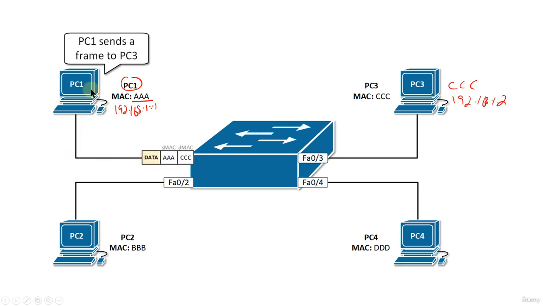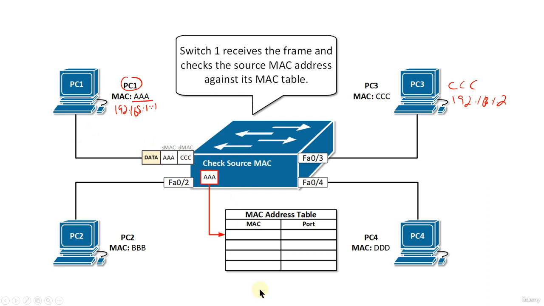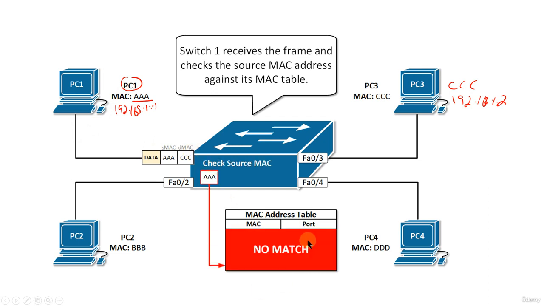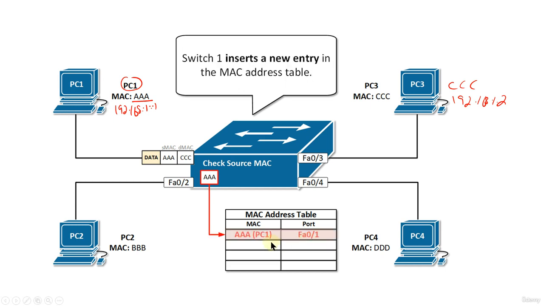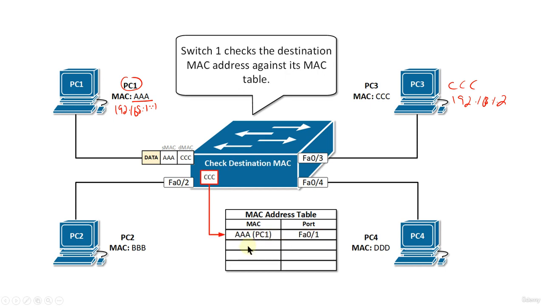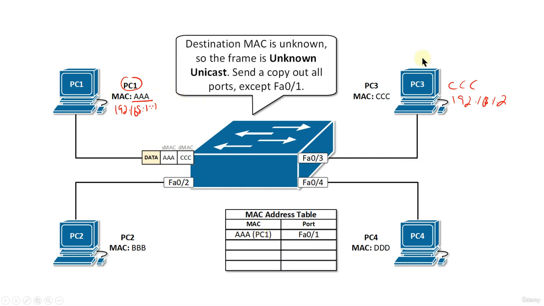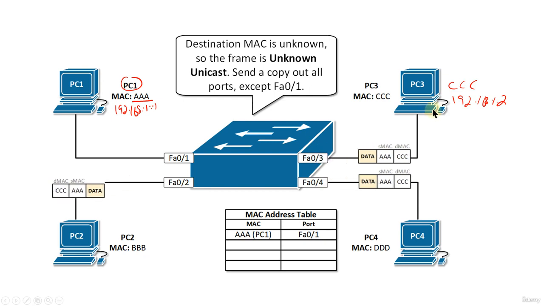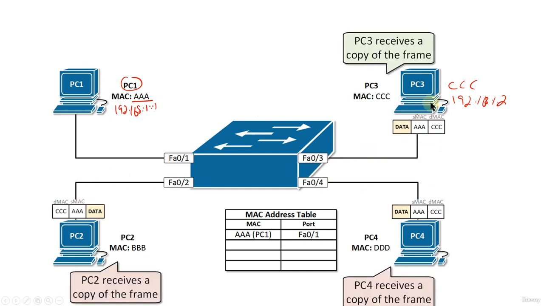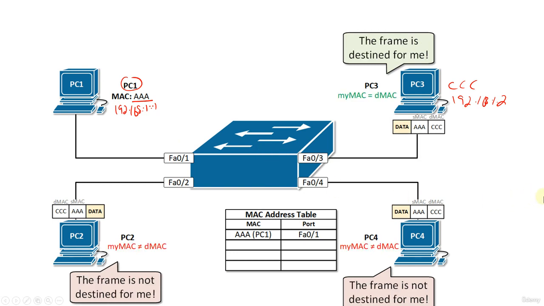But next time, if PC1 sends to PC3, and the CAM table has the information about AAA and CCC in its MAC address table, it is going to send only to PC3. So this is called unicast, but initially they start with a broadcast. I hope you get the idea.